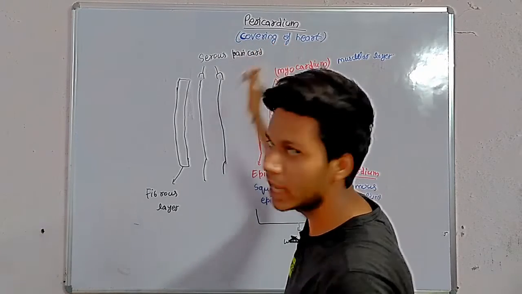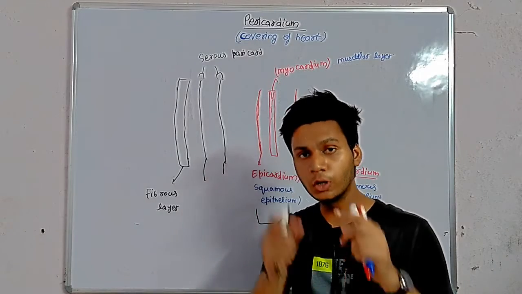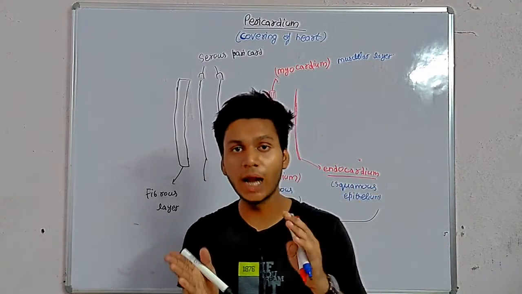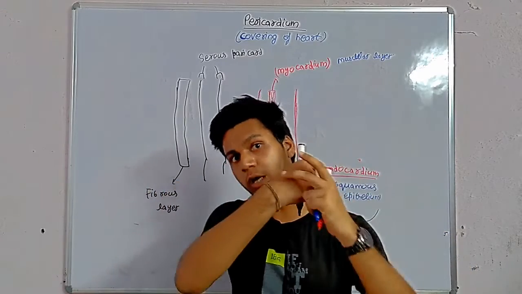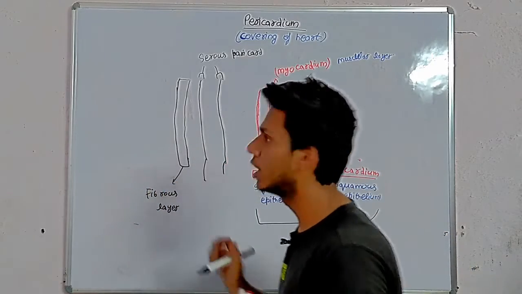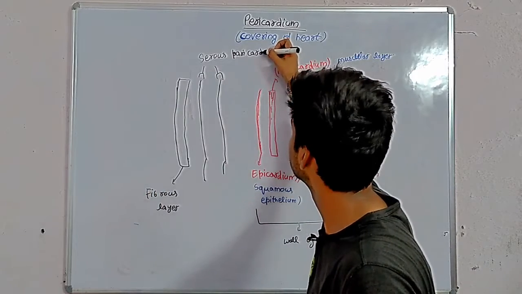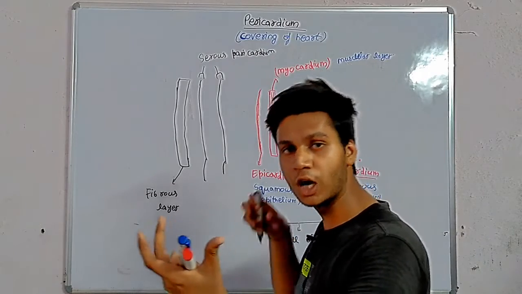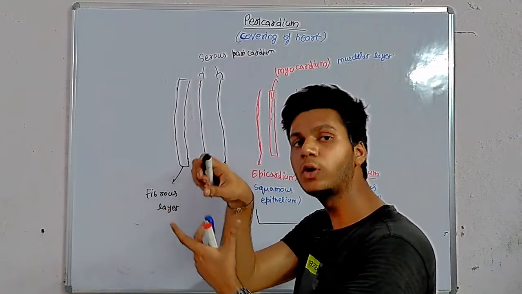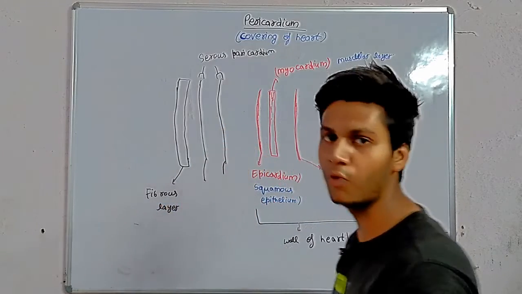Serous pericardium is like the lung's pleura. We know pleura is a double membrane, one parietal layer and one visceral layer. Same pattern. A balloon-like structure, the heart goes into it through invagination, and a double layer forms.